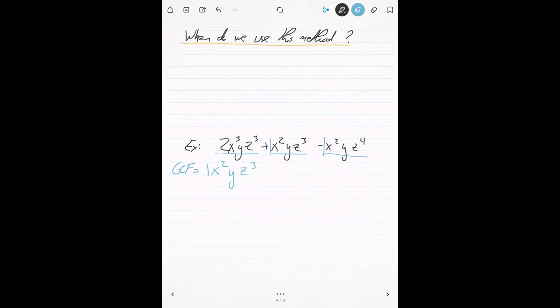Again, all we did here was we worked through each variable one at a time, and we found what the smallest exponent on the common variable was, okay? I want to point out really quick, what if this y did not exist? What if there was no y in this third expression? Then there would be no y in our GCF.